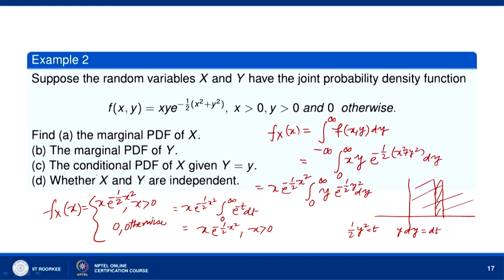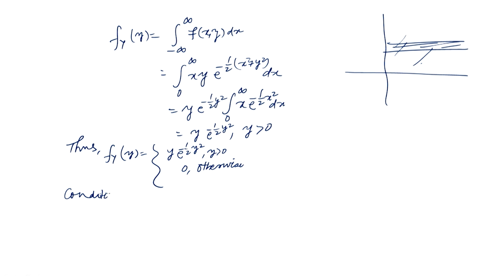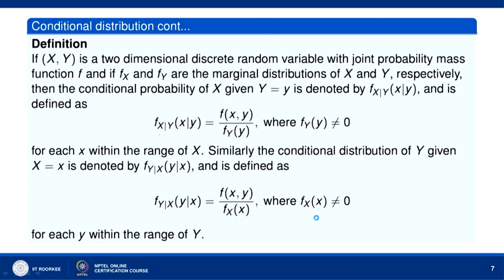Okay. Now, the conditional PDF of x given y equal to y. So, we have to find this. Let us go to the definition of conditional distribution.